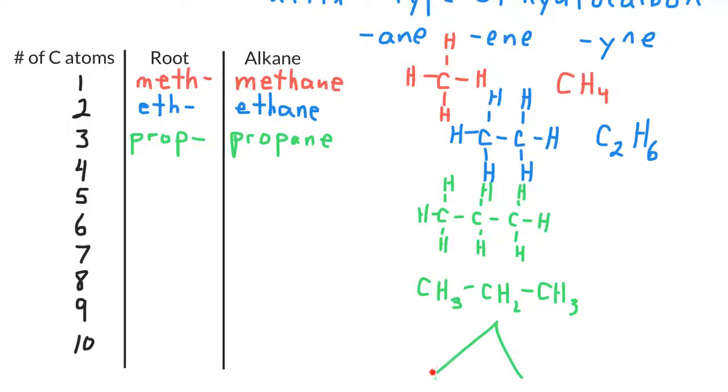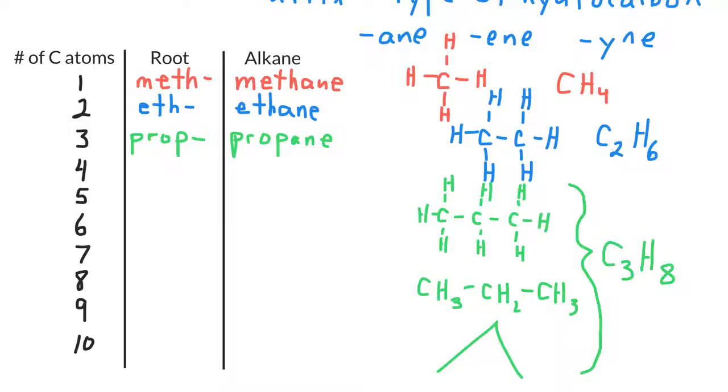So each point in your structure represents a carbon atom, and it's just implied that the empty spaces are filled up with hydrogens. So any way you draw it, you'll get the same formula. C3H8, 3 carbon atoms and 8 hydrogen atoms in 1 molecule of propane.